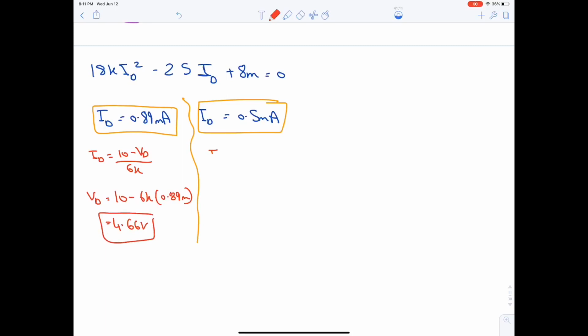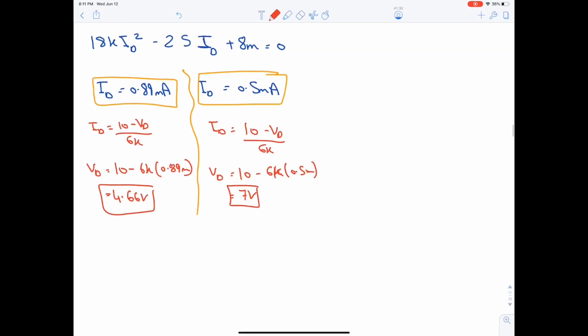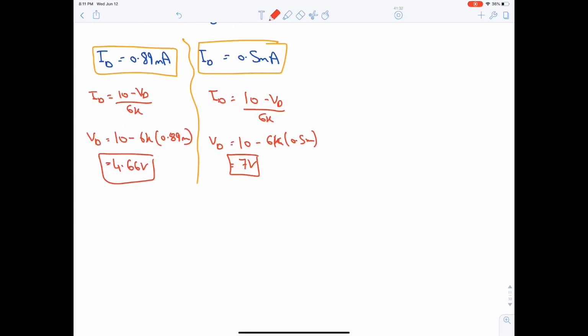Finding VD for the other, VD will be equal to 10 minus 6K multiplied by 0.5 milli, and this will result in 7 volt. Okay, after finding VD, let's stick with VD for now.